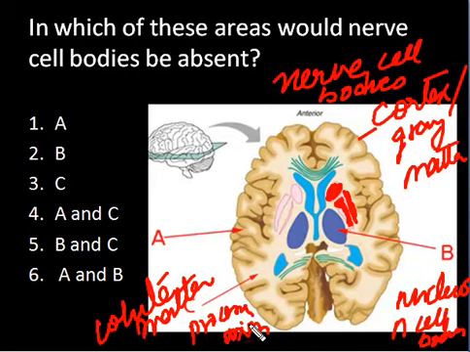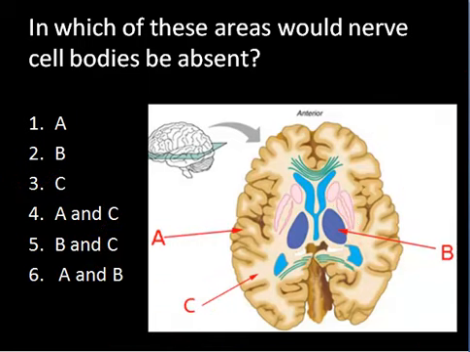So you have only the processes present. Some small dendrite, but mainly axons. So that's called white matter. So therefore, in A, which is the cortex, nerve cell bodies would be present. So that's not a choice. In B also, they would be present. So that's not a choice. C is where nerve cell bodies would be absent. So C is a choice. Obviously, A and C, B and C, and A and B wouldn't be choices. So the correct answer to this question is C.